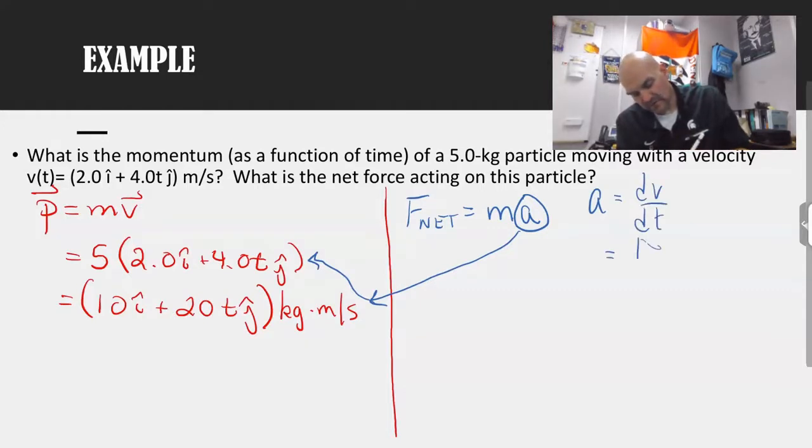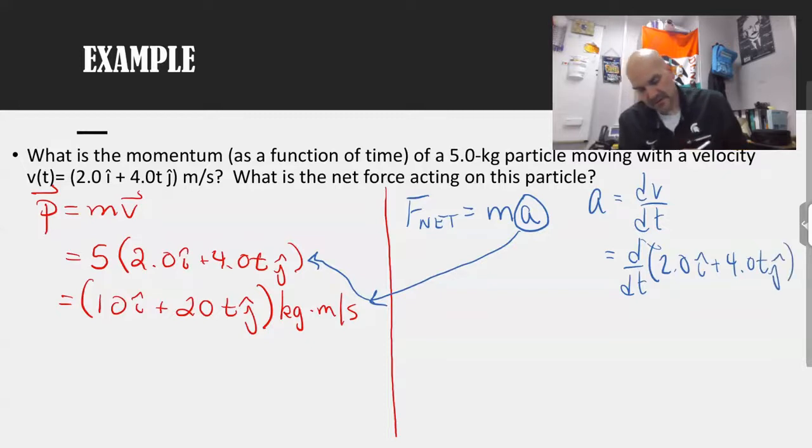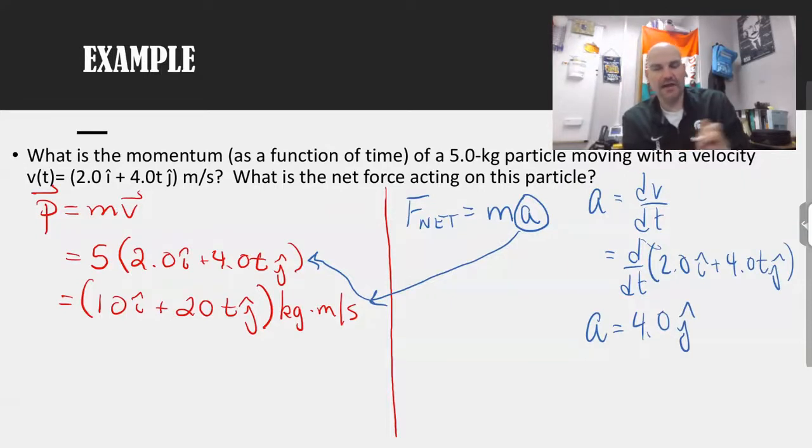So I'm going to take the derivative of my vector, 2.0 i hat plus 4.0 t j hat, and find that my acceleration is simply going to be 4.0 j hat, right? Because if I take the derivative of 2 i hat, it's 0 because 2 is a constant. And so the only thing I'm taking the derivative of is really that 4.0 t, okay?